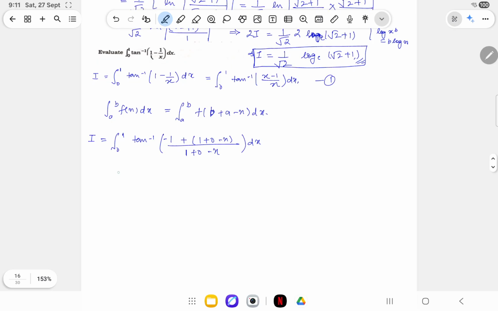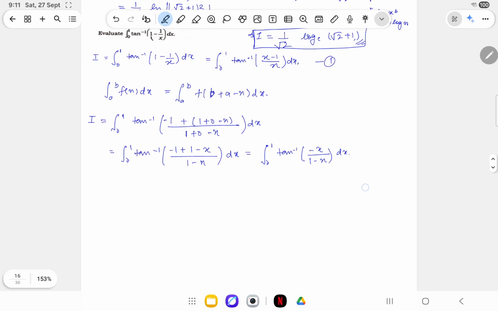So that simplifies to 0 to 1 tan inverse ((minus 1 plus 1 minus x) divided by (1 minus x)) dx, that is equal to 0 to 1 tan inverse (minus x divided by 1 minus x) dx.